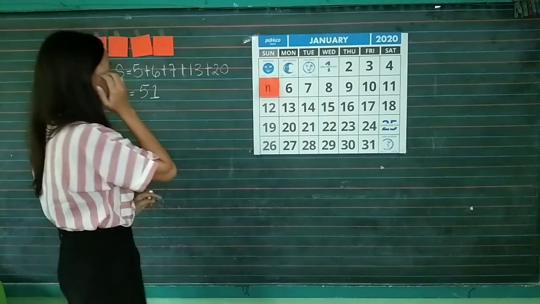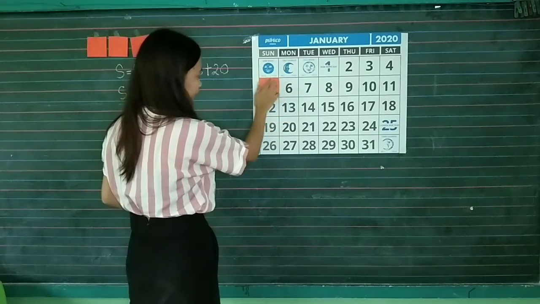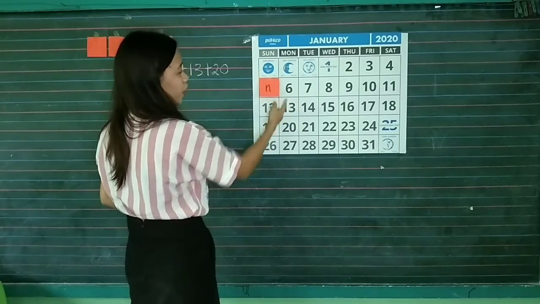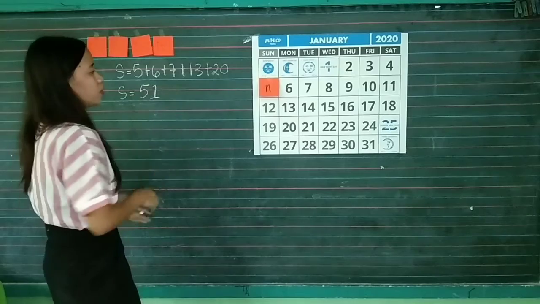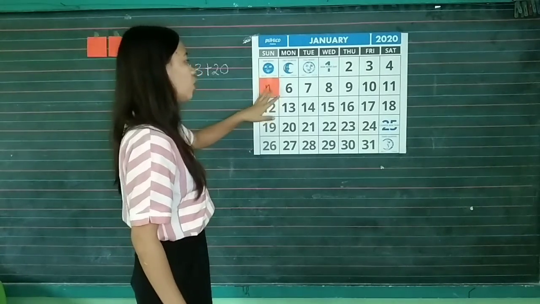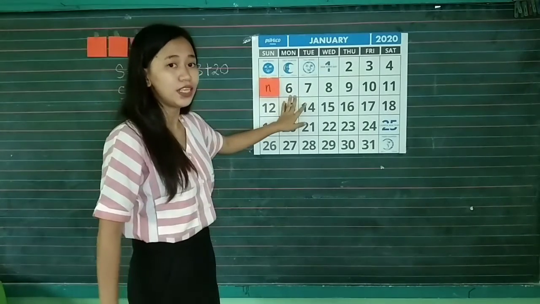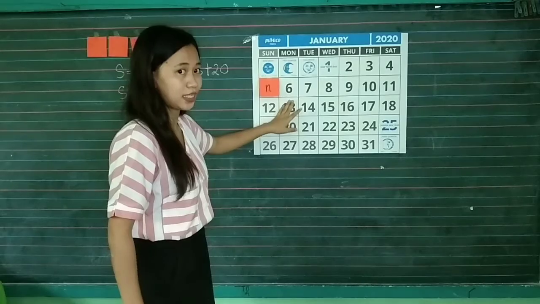So what's next? We need to get the next equation for the next number. So what we will do is subtract our smallest number n from the next digit, which is 6.